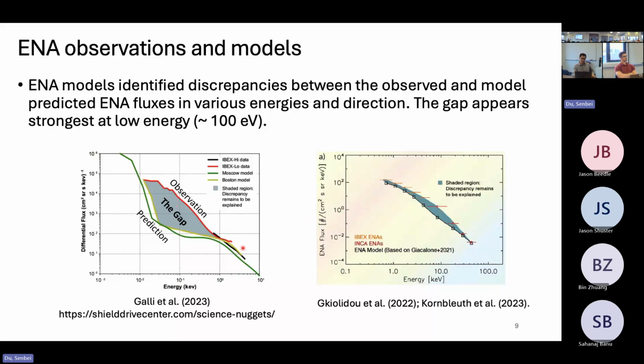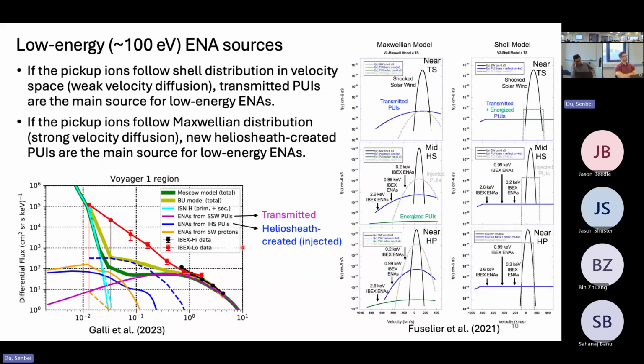And if you remember, I just mentioned there are two populations of pickup ions in the Heliosheath, and we still don't know which one of those two populations contributes mostly to the ENA fluxes. That's because we don't exactly know the distribution of these pickup ions. For example, this is illustrated by the Fuselier et al. figure.